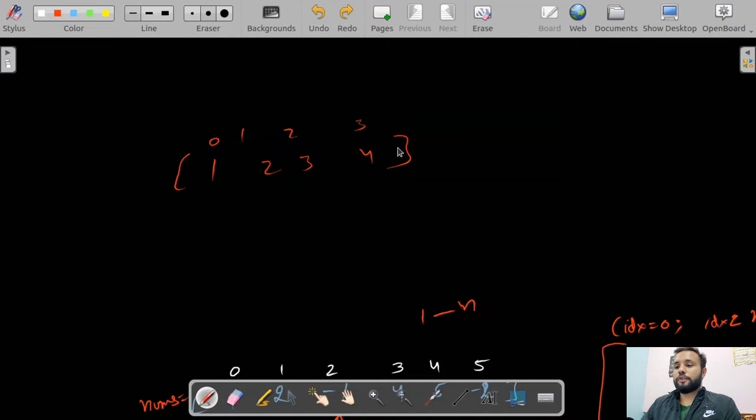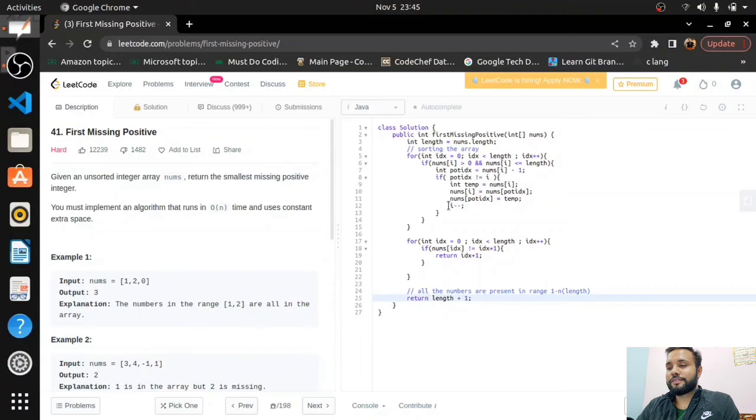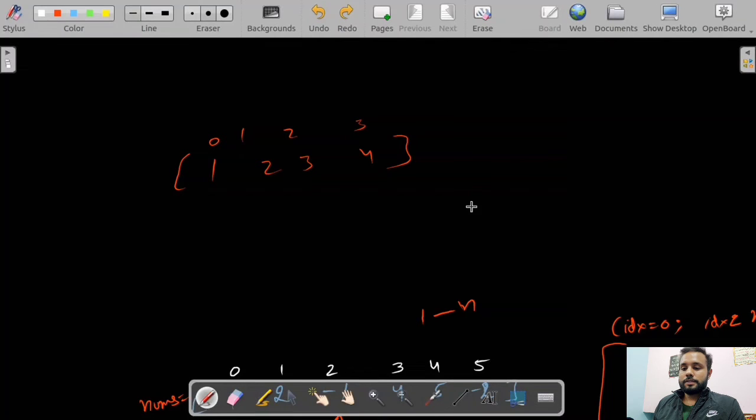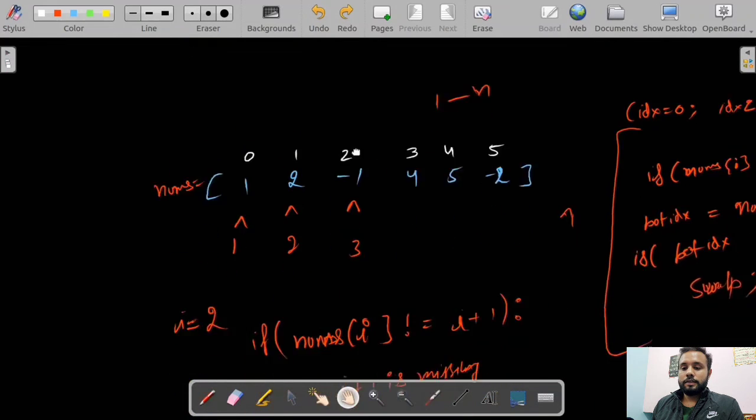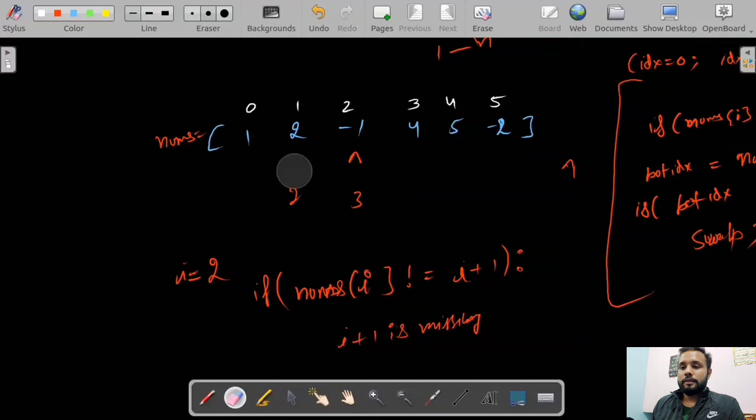Okay, and now let's think about why we wrote this i minus minus. It is very important because, let's say we are at this index and 4 is here, 2 is here.